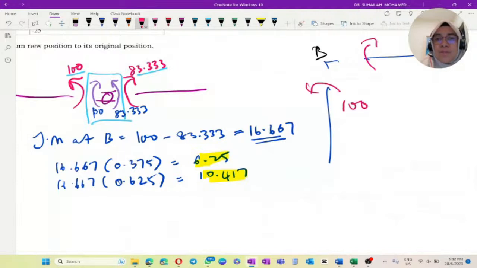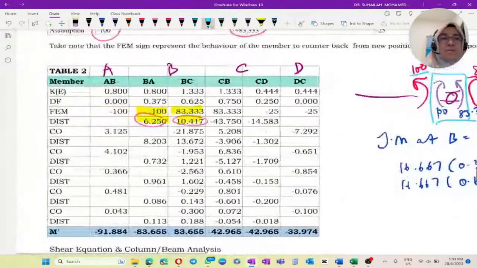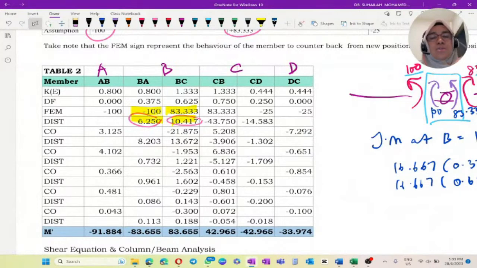The joint moment refers to the opposite of this, and the opposite of this, so this is the joint moment. That is for joint B.